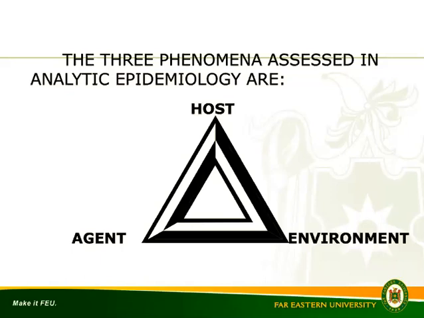So what is the agent? The agent is a factor whose presence or absence causes a disease. So if it's present, it could cause a disease. If it's absent, it can also cause a disease. All right? Environment, on the other hand, refers to all external conditions and influences affecting the lives of the living things, which could be the agent and the host.